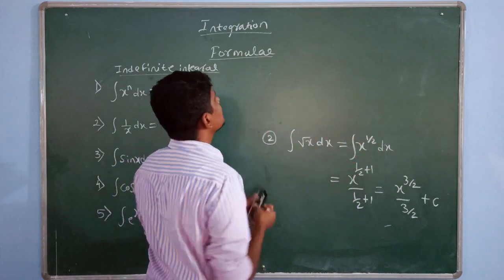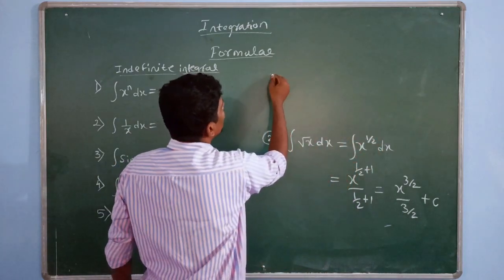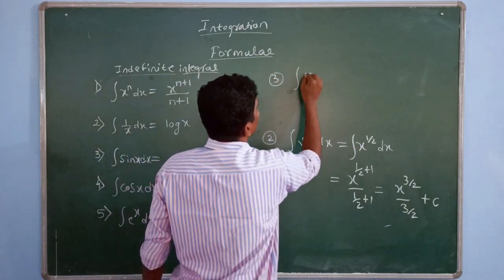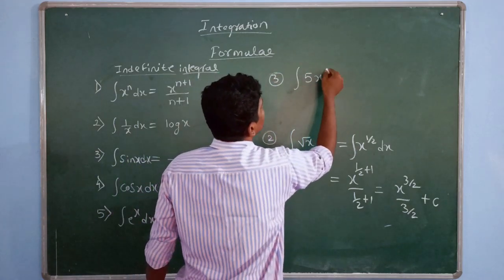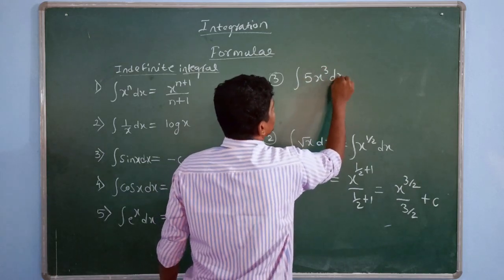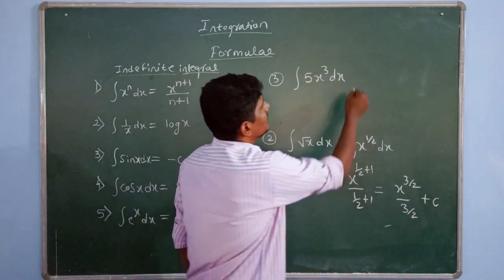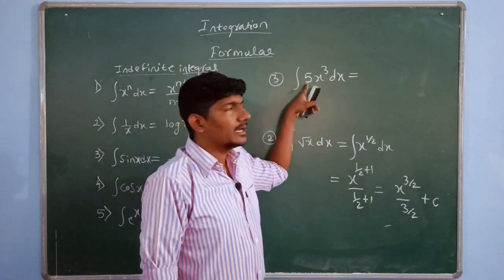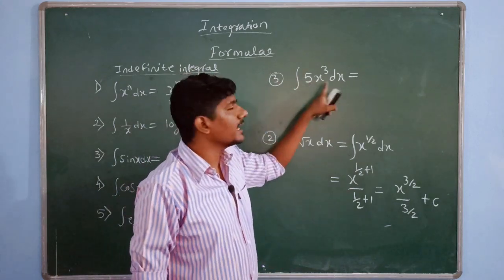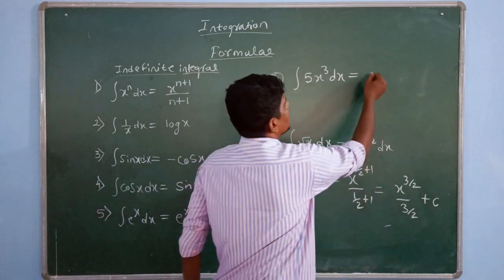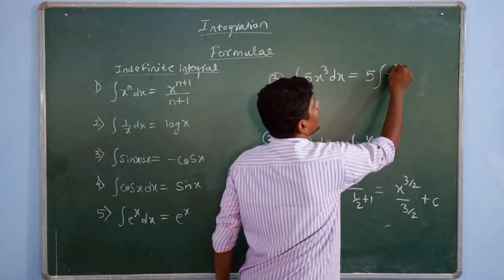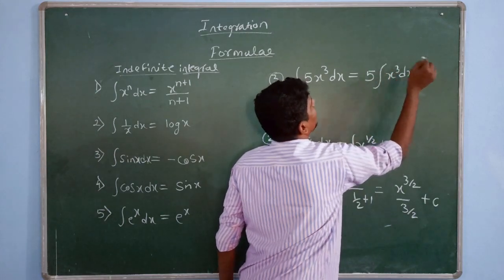Let's see the third example. These examples are very useful while solving numerical problems. Third one is integration of 5x raised to 3 dx. Now here we have one trick. Whenever you find a constant number in integration, take it outside the integration. 5 outside the integration, then write the remaining part.